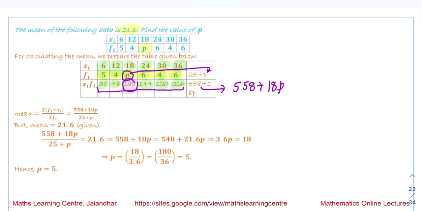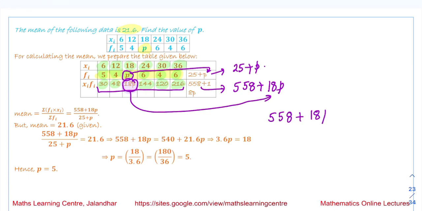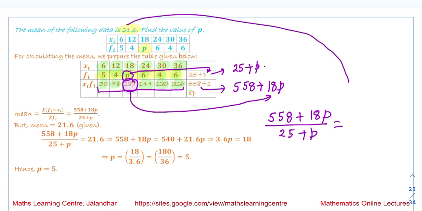This 18P we are talking about. This is over here, and this P, it is 25 plus P is there. So what is given to us is that the mean of both these values, it is 21.6. So we get 558 plus 18P over 25 plus P. The mean of both these values, it is given to be 21.6.